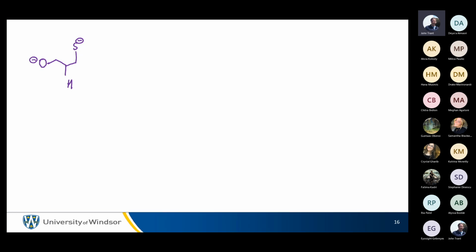If I remove this one, N minus, and that's not as good. S minus is better than O minus is better than N minus. So the most acidic proton on the molecule I drew would be the SH, because any of the others would give you a less stable negative charge.